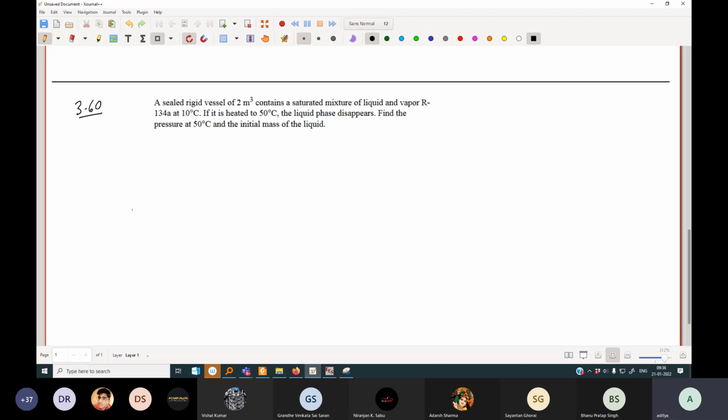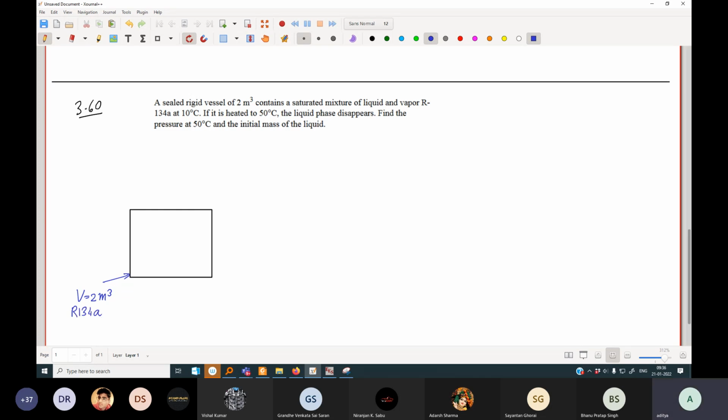So we have something like this, and that's it. This is the entire schematic. This total volume is 2 meter cube, and it contains R134A, which is a very popular refrigerant. You might have seen this.